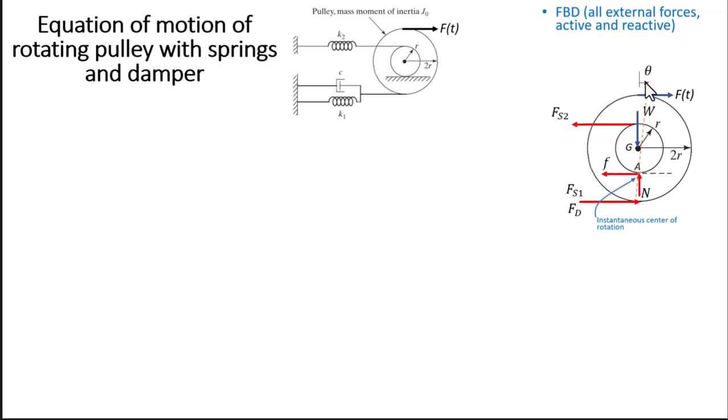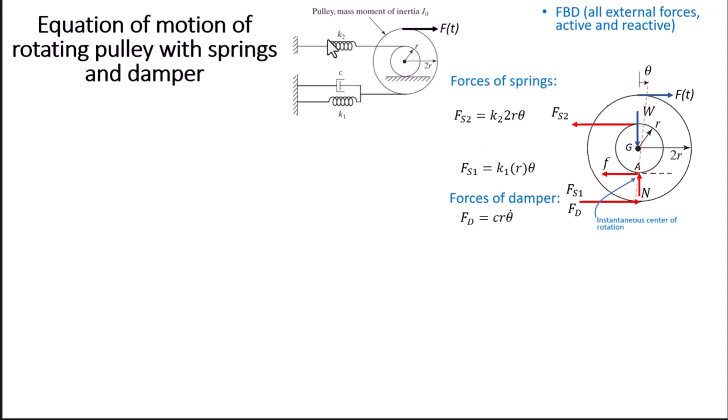If we assume a clockwise rotation, there is this extension. Therefore, this spring is being extended and the force is opposite, to the left. And in this case, since we are rolling with respect to point A, this spring, the one below, is being compressed. Therefore, the force goes to the right.